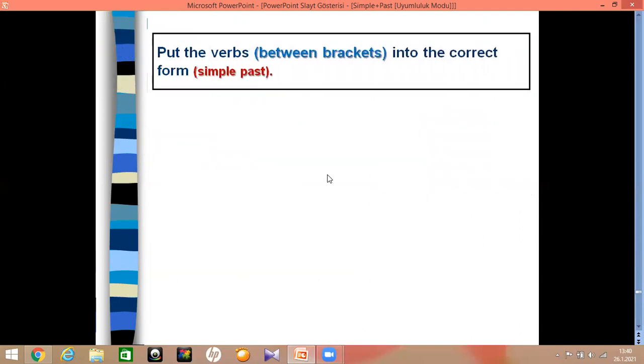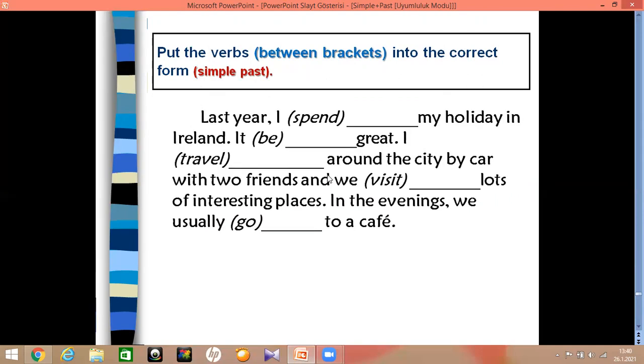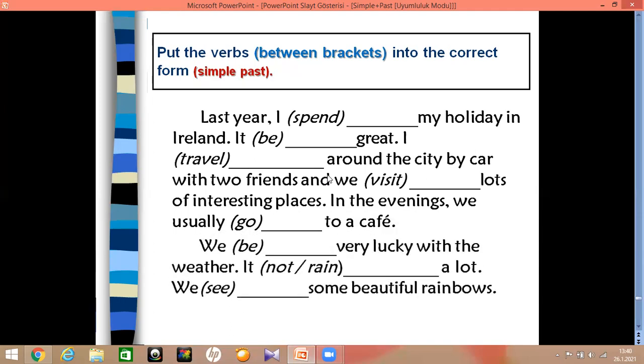Put the verbs between brackets into the correct form, simple past. Okay, let's see the examples now. Last year, I spent my holiday in Ireland. It was great.